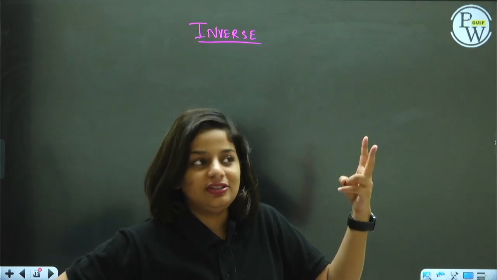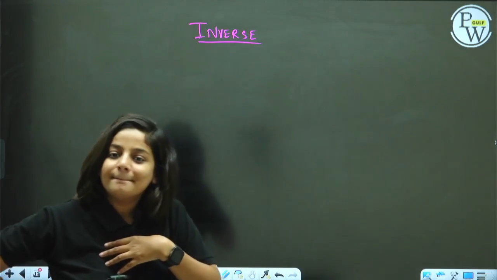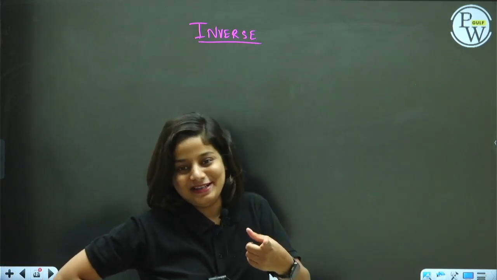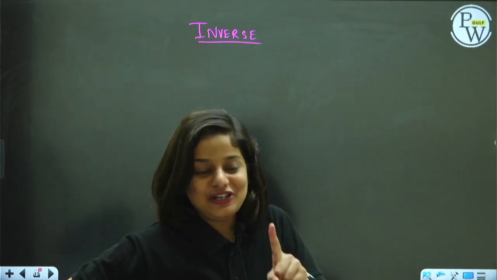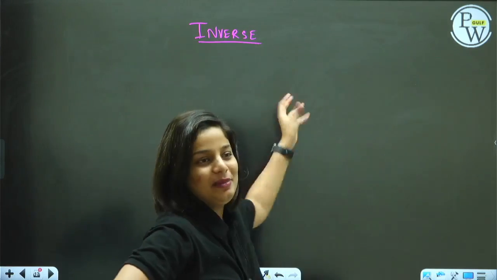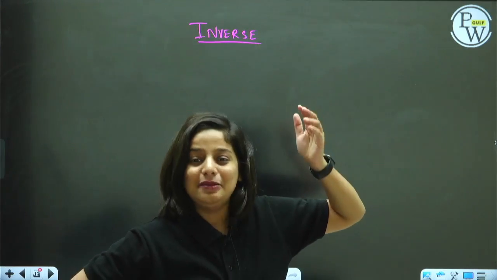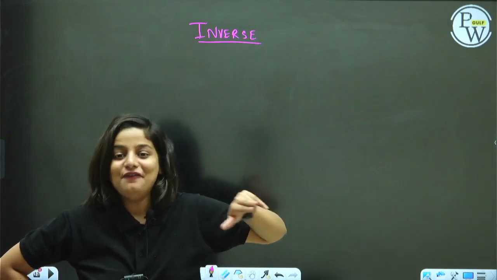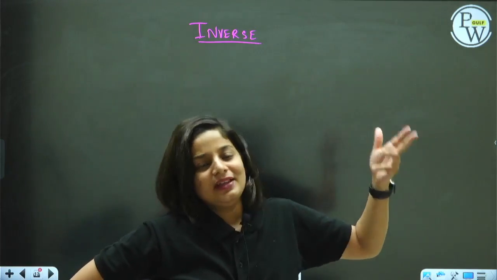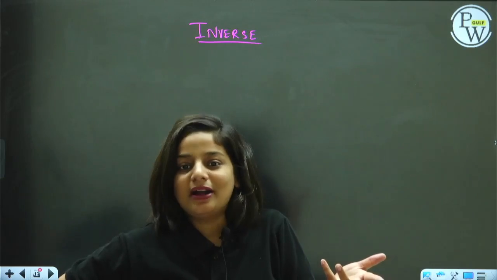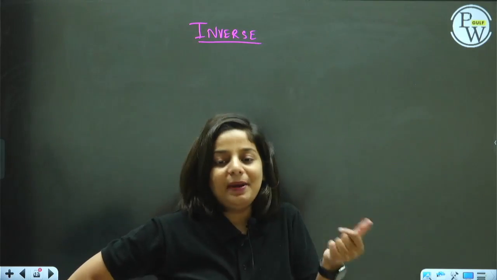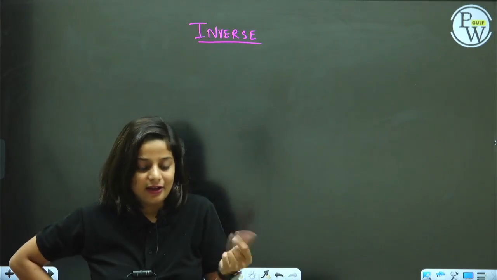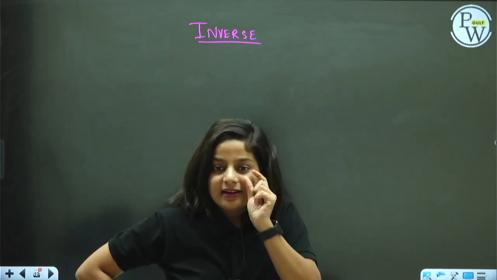If it's order 3, again it depends. Finding adjoint means finding cofactors for 9 elements, then transposing it, then finding the determinant, and sometimes elementary transformation becomes easy. It depends where you see the hint.